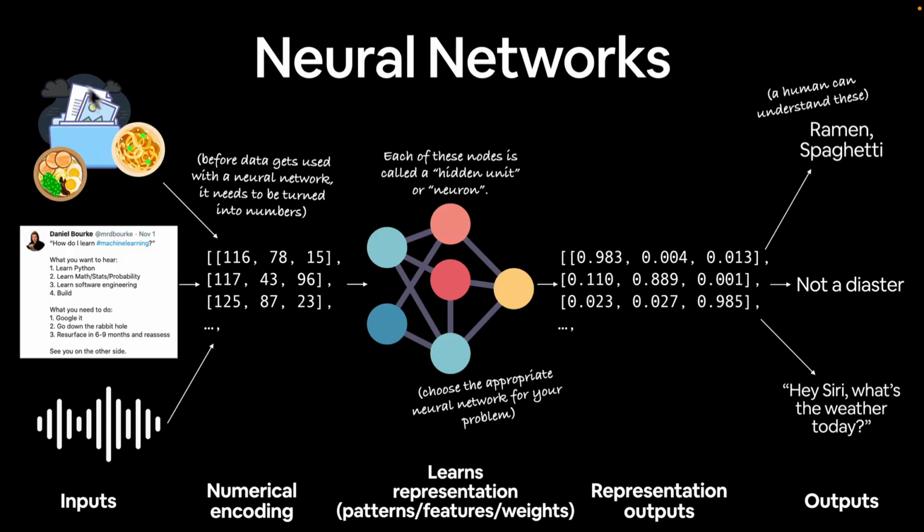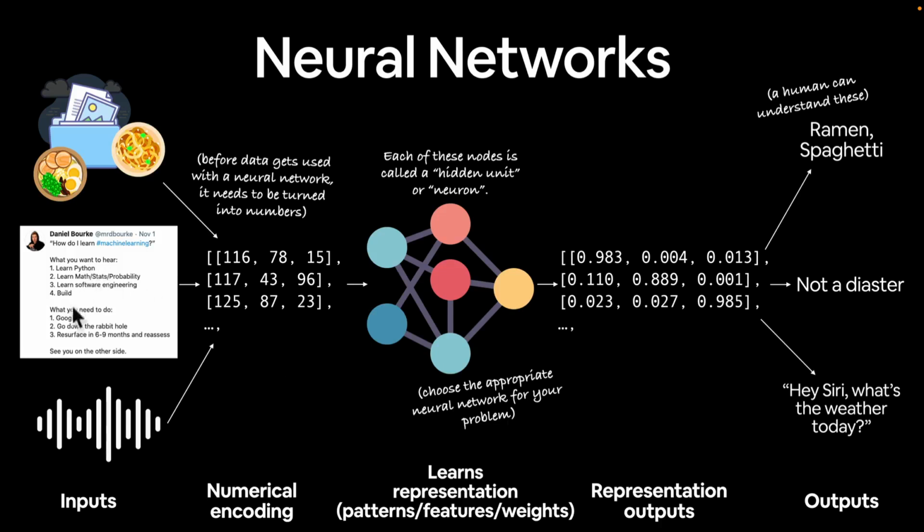So for this example, we might have some input data which are images of food, and then we want our neural network to learn the representations between an image of ramen and an image of spaghetti. And then eventually we'll take those patterns that it's learned and convert them into whether it thinks this is an image of ramen or spaghetti. Or in the case of this tweet, is this a tweet for a natural disaster or not a natural disaster?